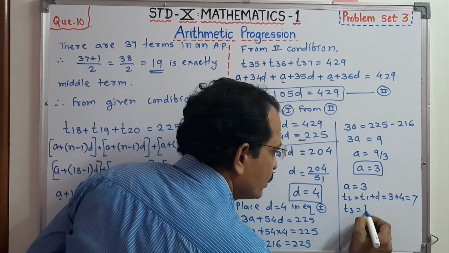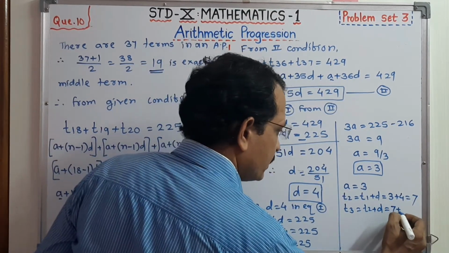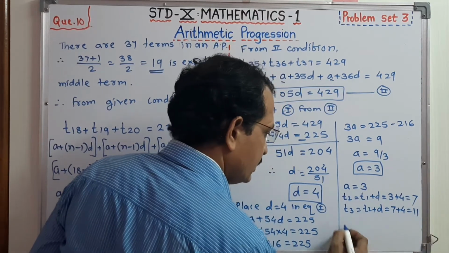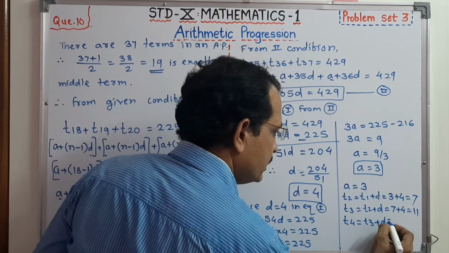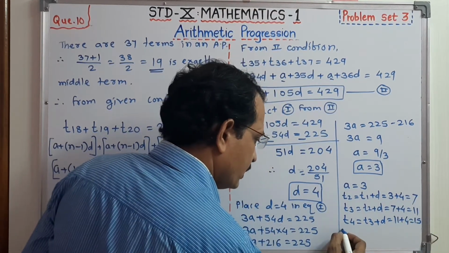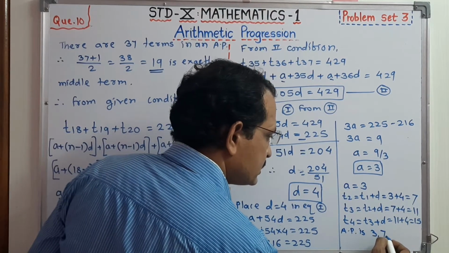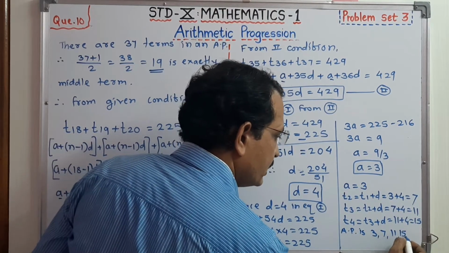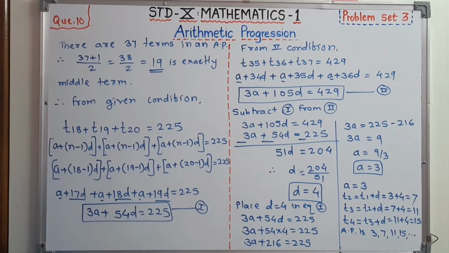T3 is equal to T2 plus d, it is 7 plus 4, it is 11. T4 is equal to T3 plus d, 11 plus 4, it is 15. Therefore AP is 3, 7, 11, 15 and so on. Got it? This is our final answer.